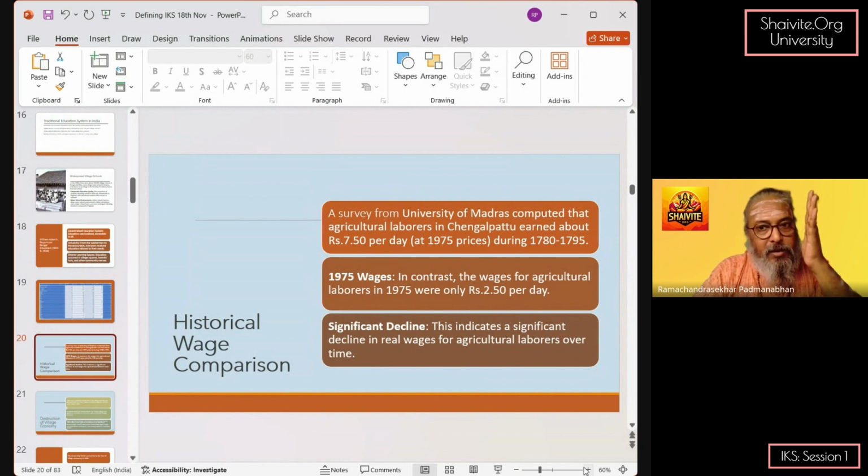This survey was done in 1975. And in 1975, it was 2 rupees 50 paise. So we can imagine the level of prosperity that the agriculturalists enjoyed before the system was completely taken over by the colonial masters. So it was a prosperous society. That's the point to be made.